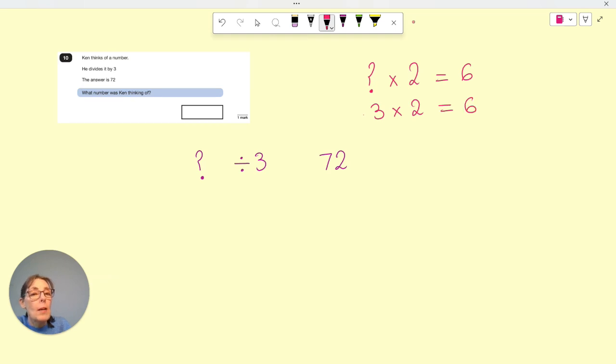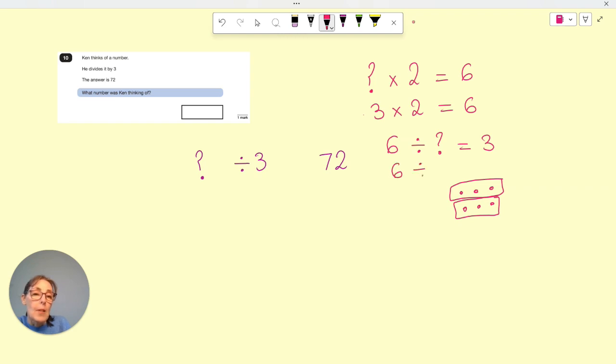If I did it the other way around and I said 6 divided by something equals 3. So 6 divided by 2, half of 6, so 6 shared by 2 people, each person will get 3.